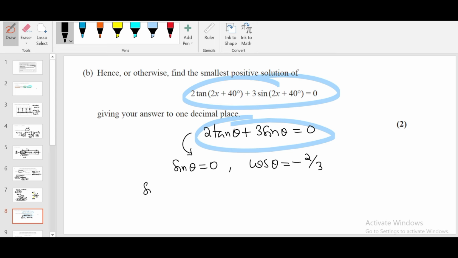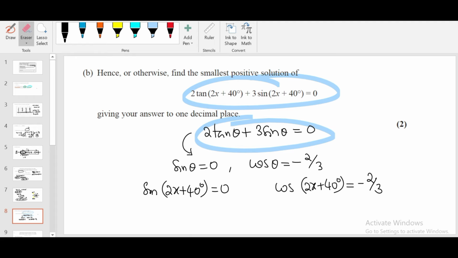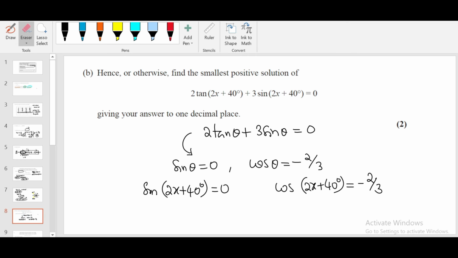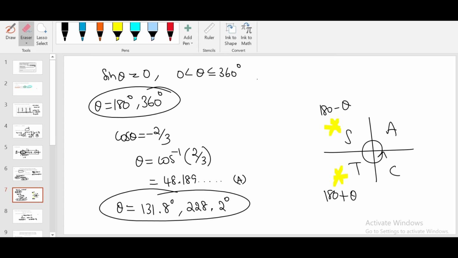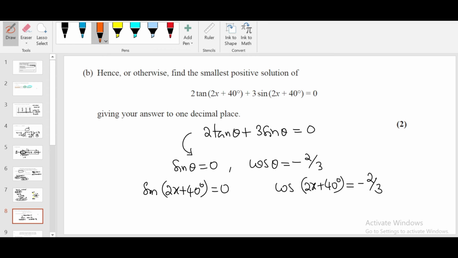So you can write it as sin of 2x plus 40 degree is 0, or cos of 2x plus 40 is equal to minus 2 over 3. We are not going to solve this again. We already solved and got the 4 solutions, 180, 360, 131.8, 228.2. You need to equate the 4 solutions to 2x plus 40.